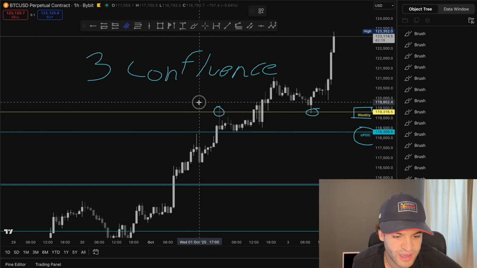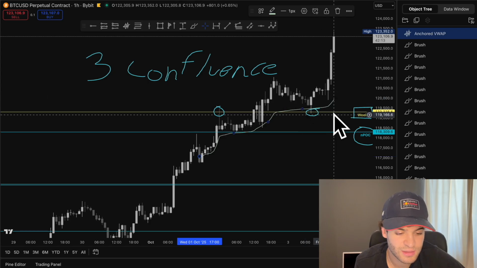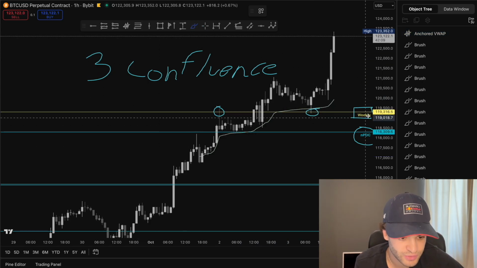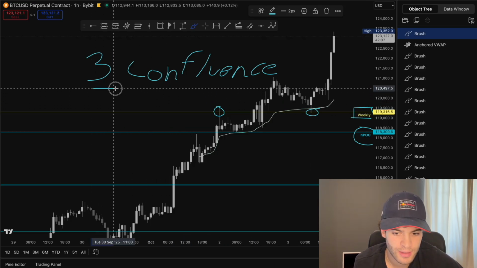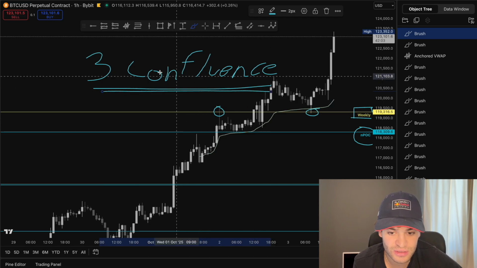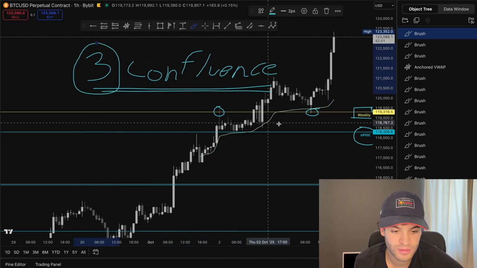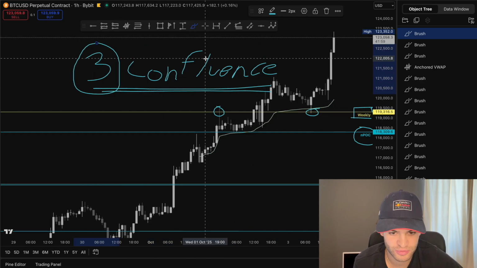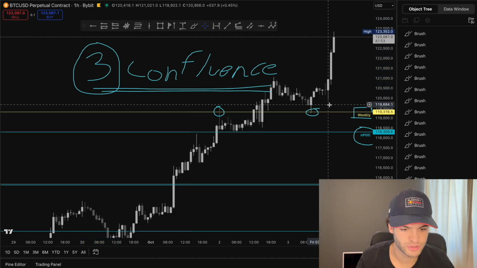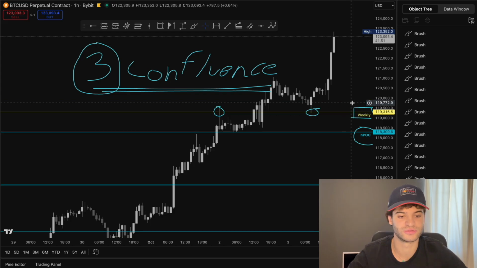I maybe also have an anchor VWAP that is lining up with it. So I'm not trading just off of these weekly levels. I use confluence, so many levels, at least 3, lining up for finding my support levels. But those will all be covered in my advanced courses. So for now, I'm just giving you my horizontals.